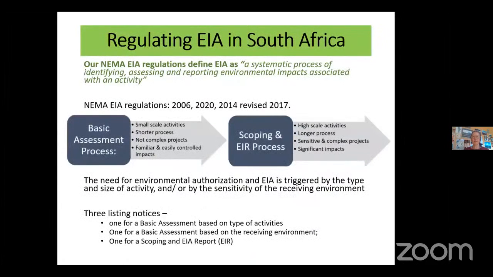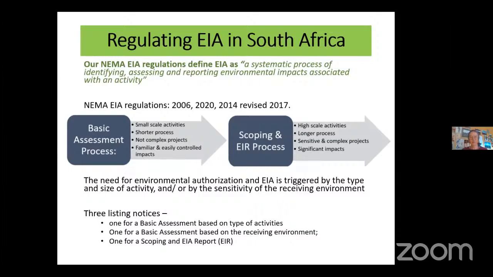So if we look at, going one level down again, the NEMA EIA regulations, they refer to EIA as a systematic process of identifying, assessing, and reporting environmental impacts associated with an activity. So it's slightly different from the international definition, but that's what we have. And as I mentioned earlier, there are two routes of EIA.